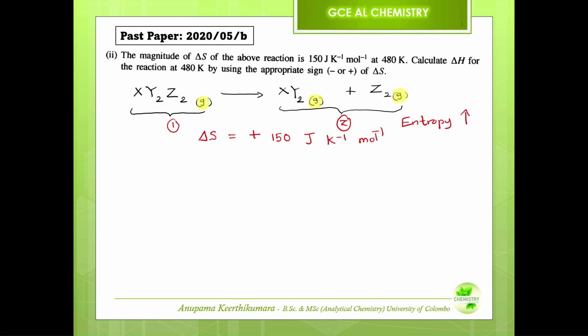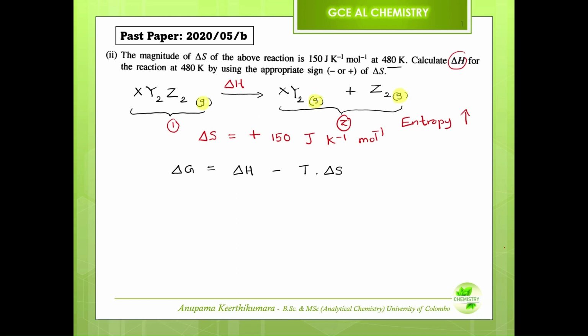Next, to calculate delta H of this reaction, we need to write down the expression for delta G. Delta G equals delta H minus T delta S. Again, the temperature is 480 Kelvin. Therefore, we are not using these standard symbols. The reason is this is not the standard condition.